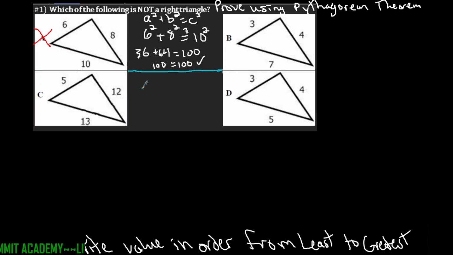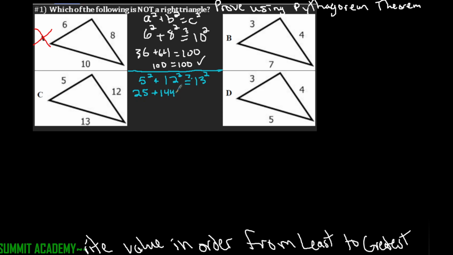So now for this part C, I have 5 squared plus 12 squared. Is that equal to, question mark, 13 squared? Make sure you know your perfect squares. So 5 times itself is 25. 12 times itself is 144.